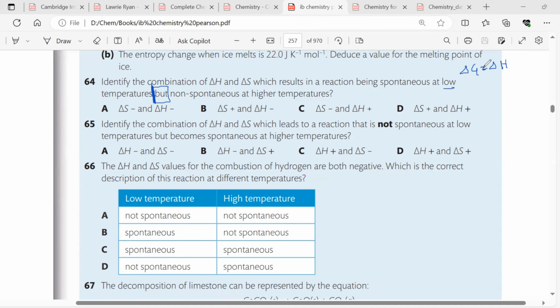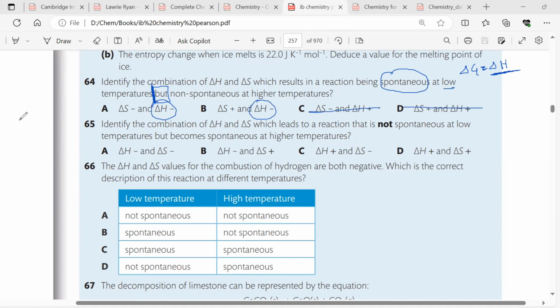At low temperatures, delta G is equal to delta H. Now this is a two-part question. The reaction is spontaneous at low temperature. What will be the sign of delta H, Celia, for the reaction to be spontaneous? Negative. So we pick out negatives and we cancel the positives.